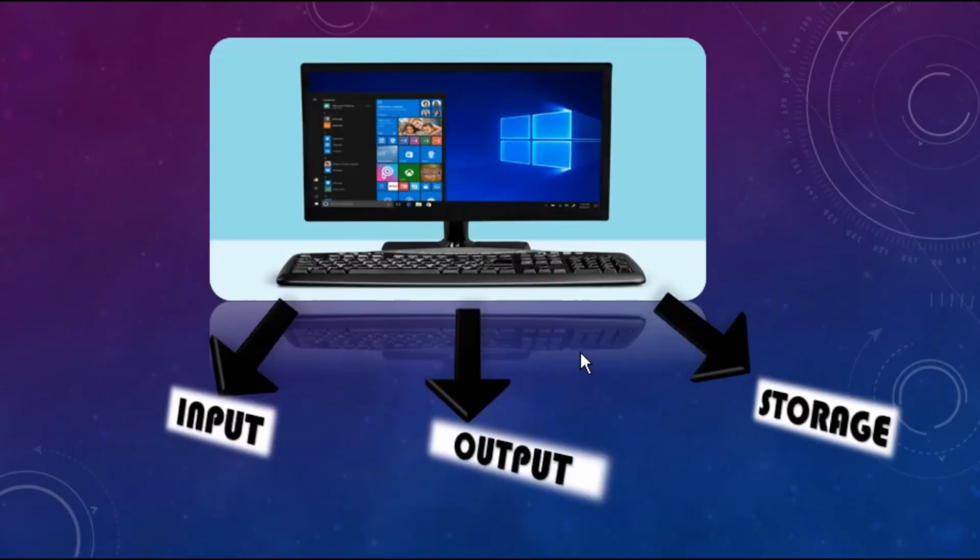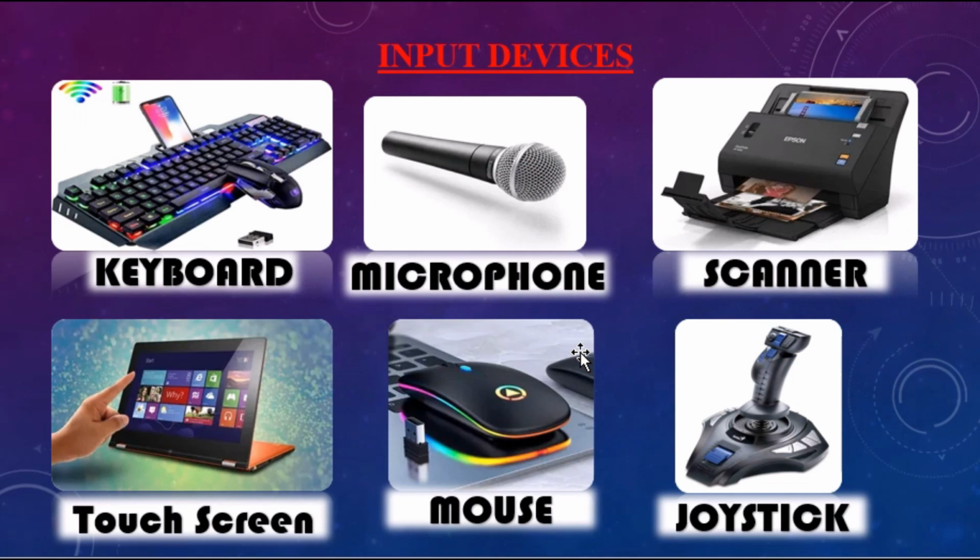External devices or external hardware are broken down into three. We have the input devices, the output devices, and the storage devices. Let's look into them one by one. We have the input devices.